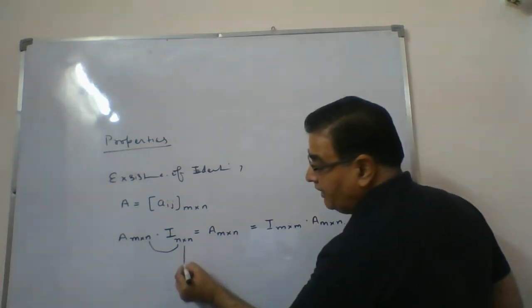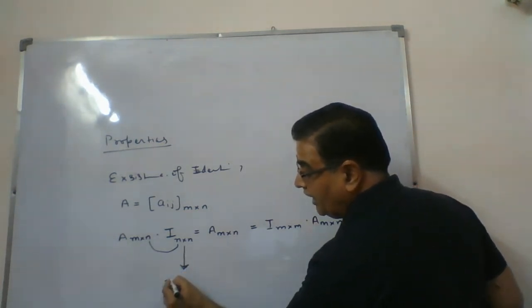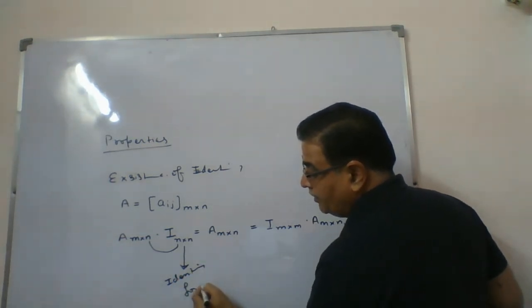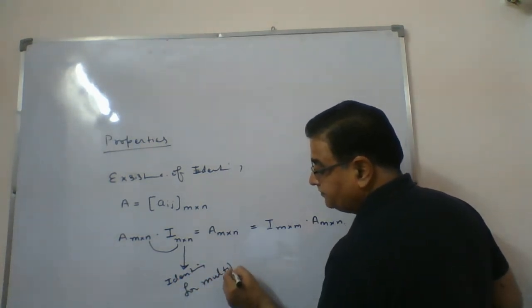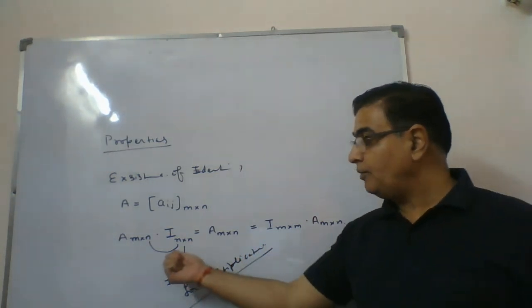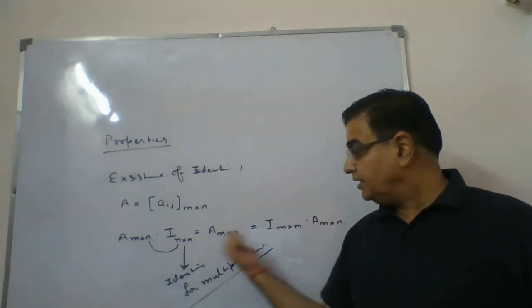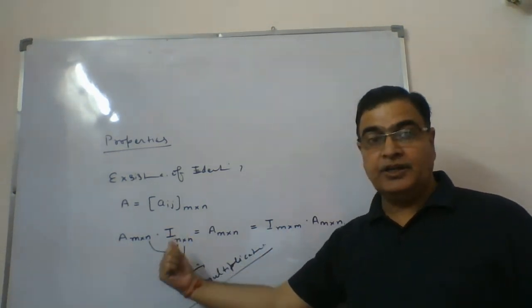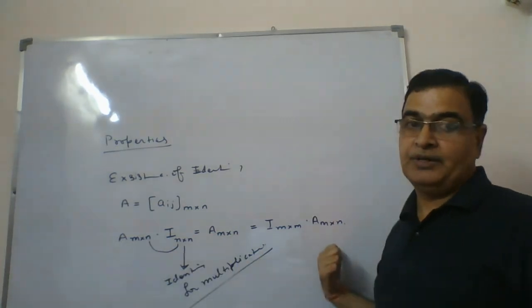That's why this matrix is called the identity for multiplication, I. The order depends on its position, whether it is a pre-multiplier or a post-multiplier.